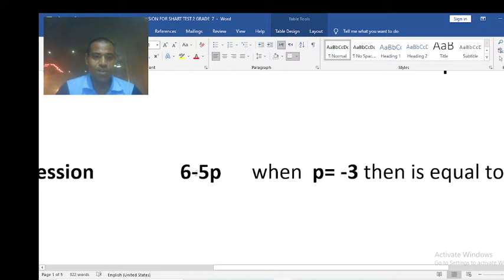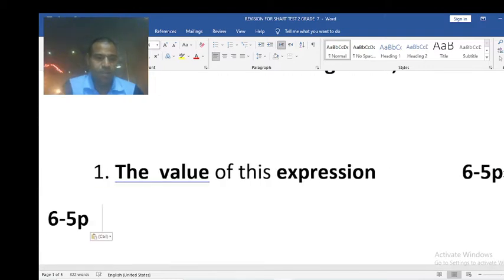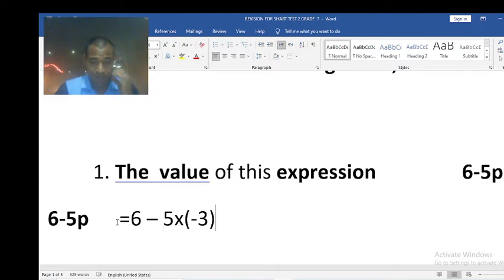Here my learners will just use this one. 6 minus 5p equals 6 minus 5 multiplied by, between parentheses, negative 3. Why do I put parentheses? Because the number is negative. I should work out what is inside the brackets.